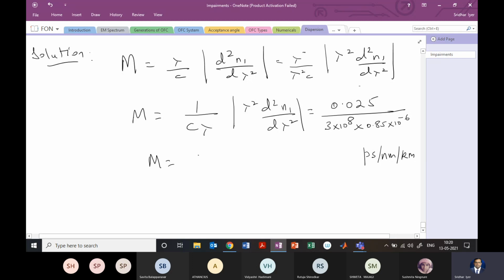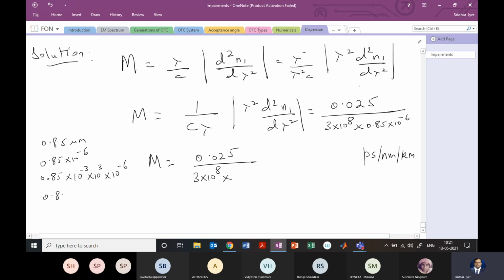We want nanometer, so 0.025 divided by 3 into 10 raised to 8 into, now this 0.85 is 0.85 micrometer, so it is 0.85 into 10 raised to negative 6. If I want to make it nanometer, I'll have 10 raised to negative 3 multiplied with 10 raised to 3 and 10 raised to negative 6, right?